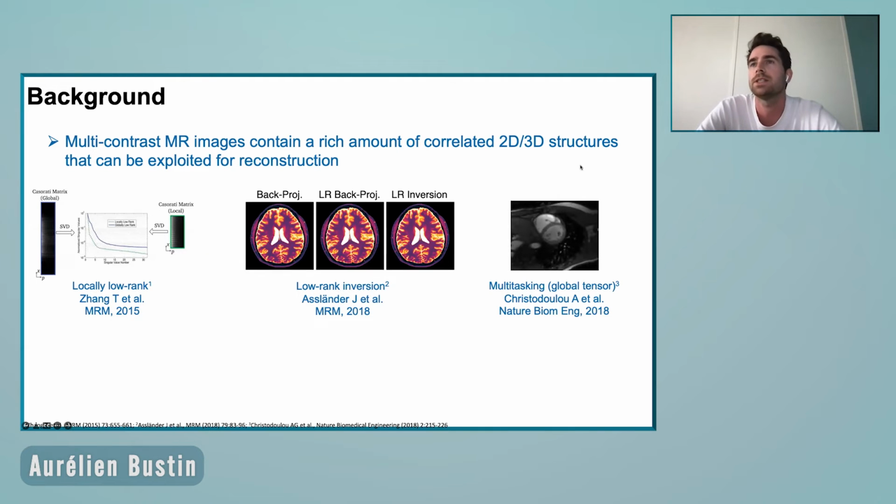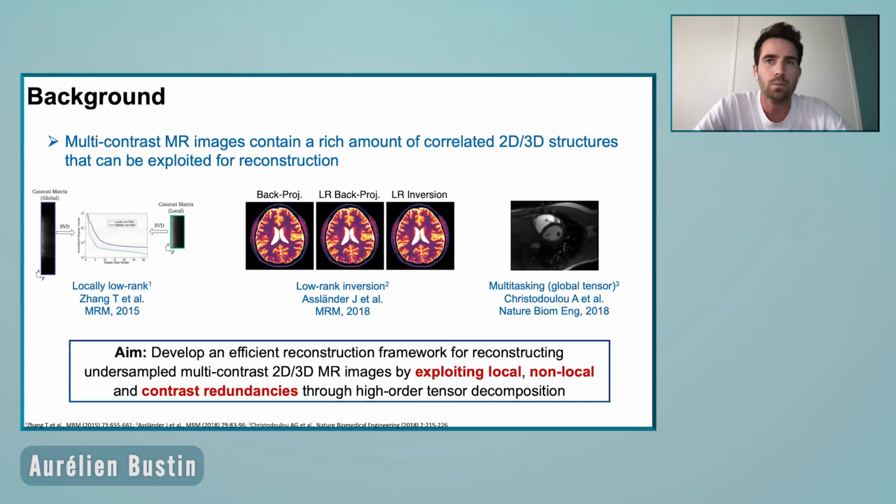This is, for example, what multitasking is doing. They build a big tensor by concatenating all the multi-contrast images, and they use tensor decomposition. Or you could do the same pixel-wise, and that's what we call low-rank inversion or locally low-rank, which, Jérôme, you briefly mentioned. These are really established techniques to reconstruct multi-contrast data sets, and for fingerprinting, they've been very useful.